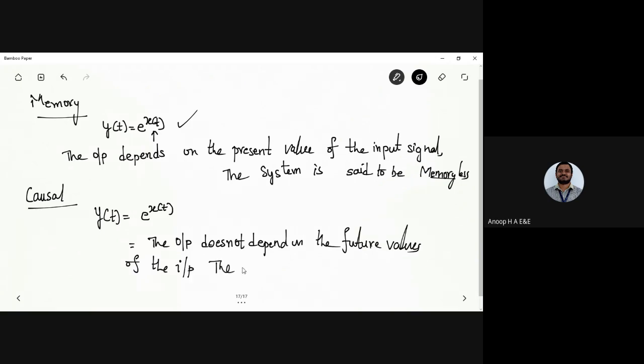Therefore the system is said to be causal. I hope you have got both the memory and causality of the system.